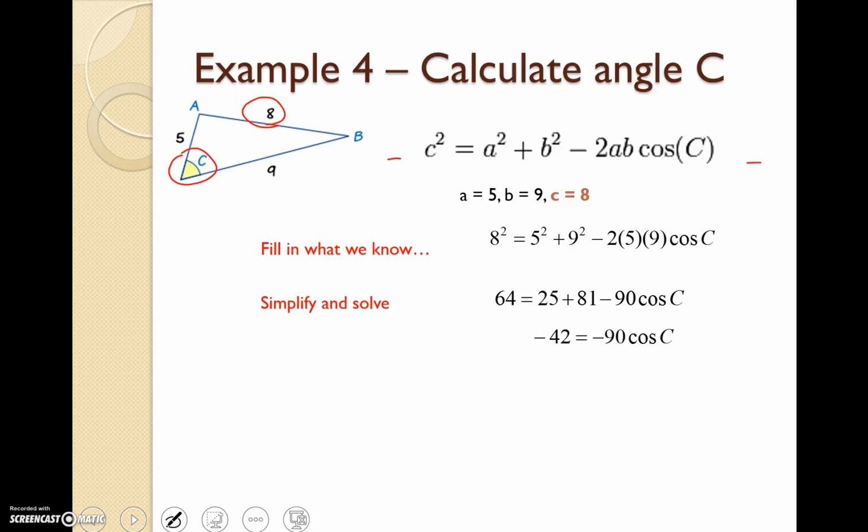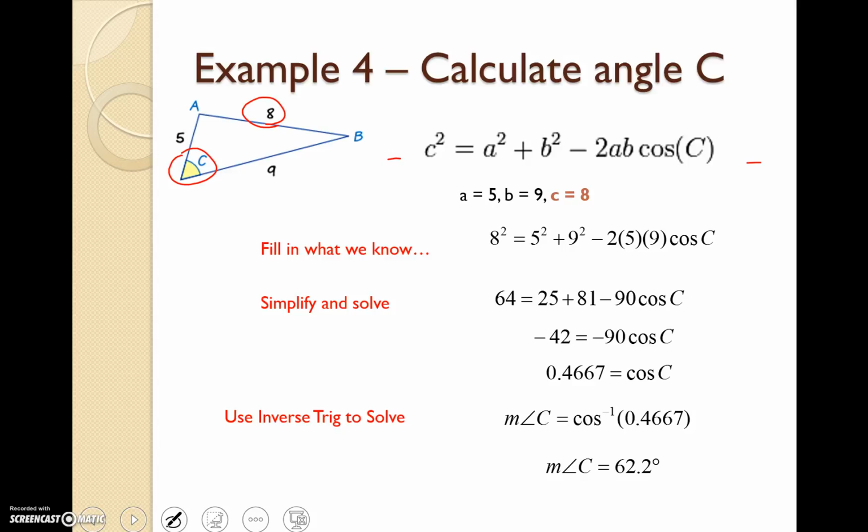Okay, so you're going to move the two numbers that are squared over, but don't move the 2 times a times b part. You're going to divide that now. So negative 42 divided by negative 90, and we get 0.4667. So now we're at the point where we have to do the inverse. So we're going to do the inverse cosine of 0.4667, and we get 62.2 degrees.